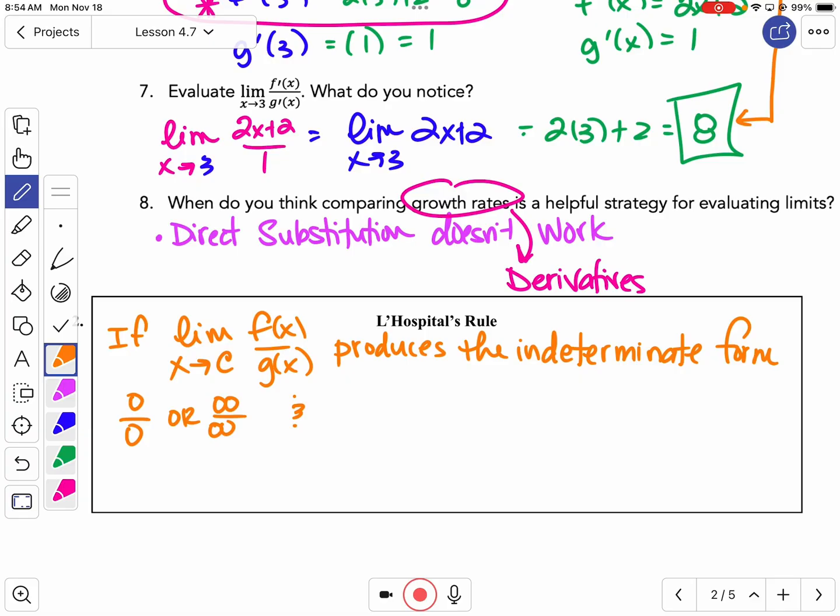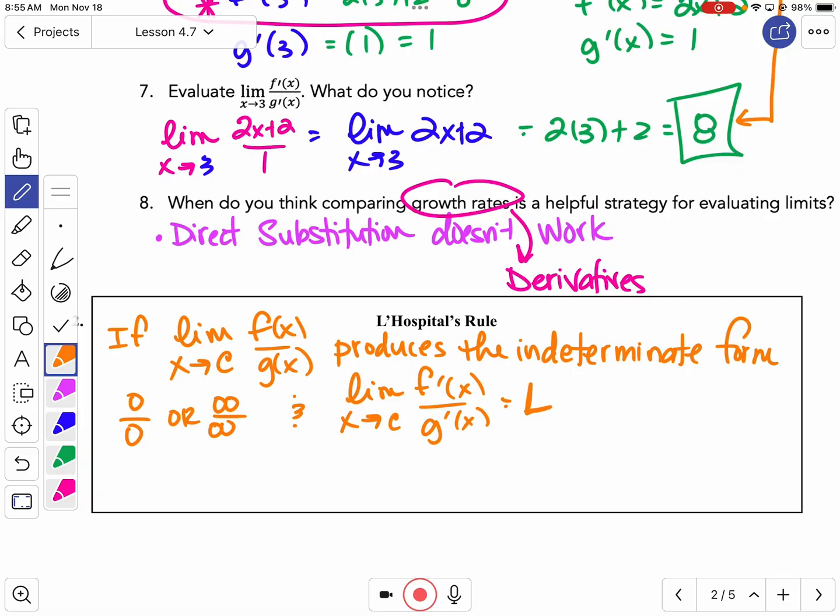So the first thing we have to show with L'Hopital is that it's indeterminate, and I'm going to show you what that means. We're going to do a limit sandwich. Okay, a limit sandwich, and the limit as x approaches that constant of f prime of x over g prime of x equals a number.